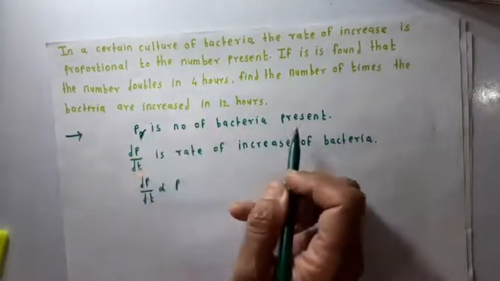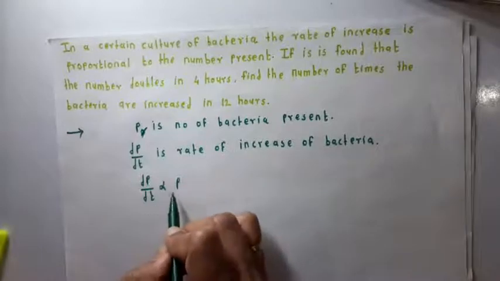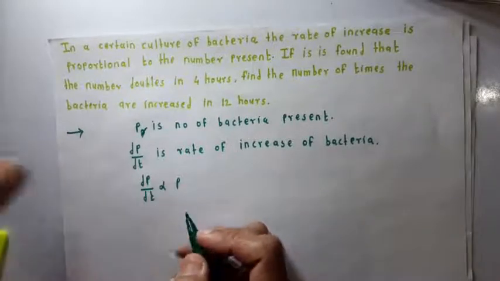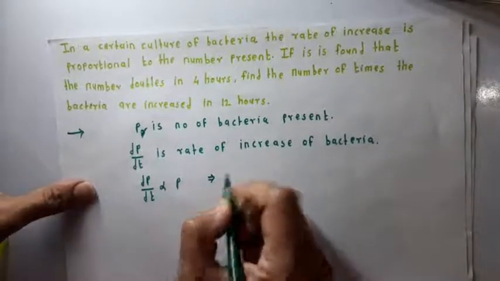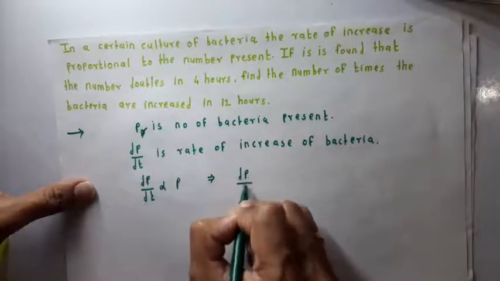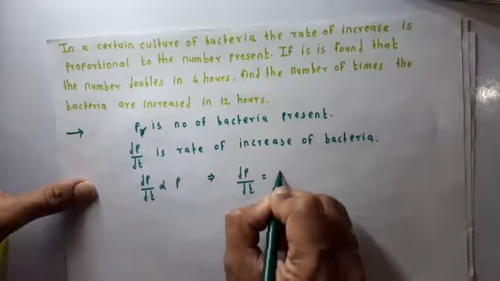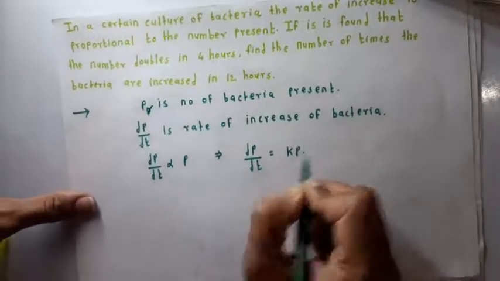As P is the number of bacteria present, dP upon dt is directly proportional to P. This implies dP upon dt equals KP, where K is the proportionality constant.